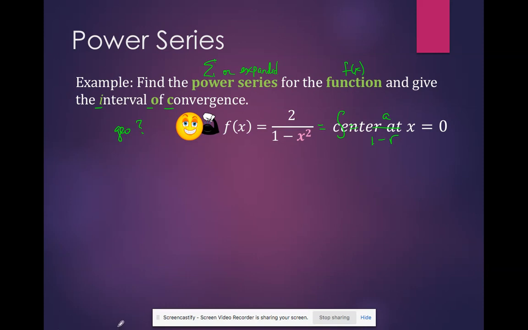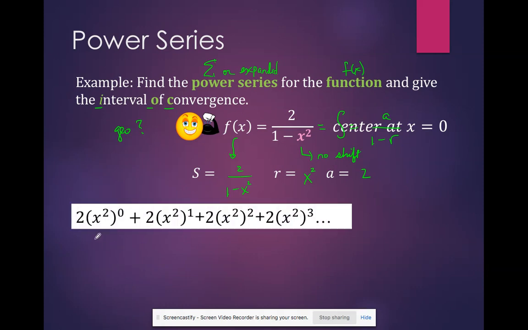Do you see that there's no shift on x? So my infinite sum is f of x equals 2 over 1 minus x squared. What's your r? And what's your a? One, two, 3, 4 terms.